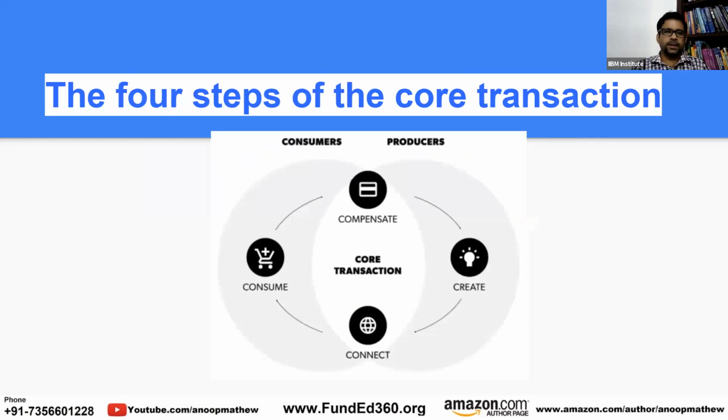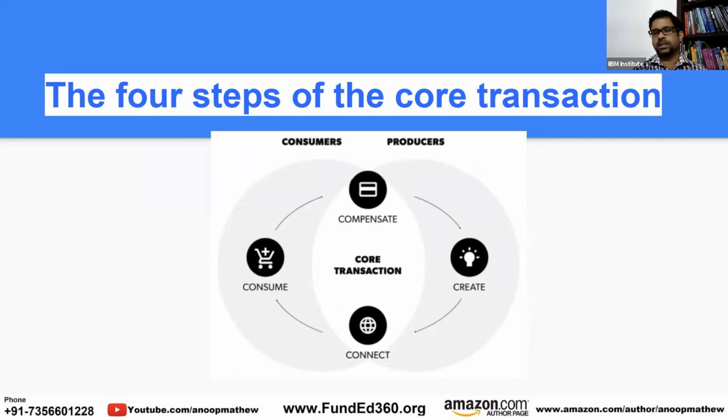Okay. And let's have a quick look at the 4 steps of core transaction. So core transaction is the basic heart of any platform business. As we said, the consumers and producers are the 2 main stakeholders of any platform business. So the 4 steps: one is to create and one is to consume.